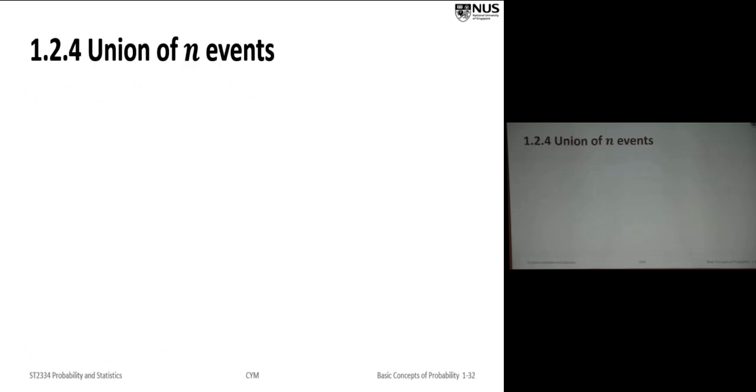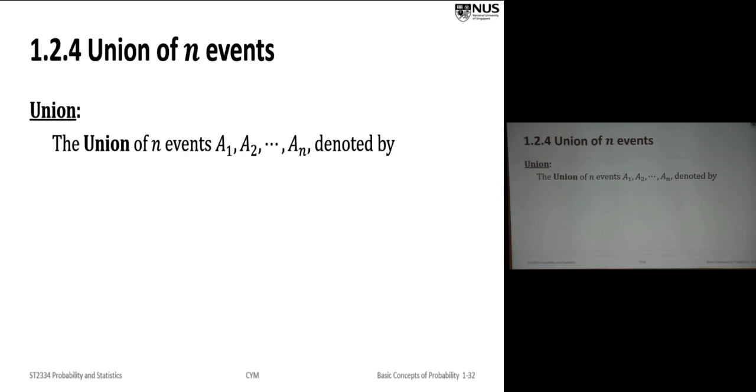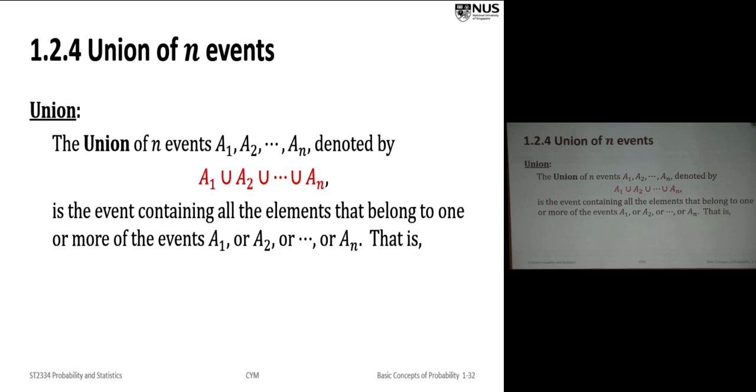Union of n events. You have n events, and the union of them is represented by this: A1 union A2 union A3 up to An. In other words, this union has all the outcomes that belong to one or more of these events.